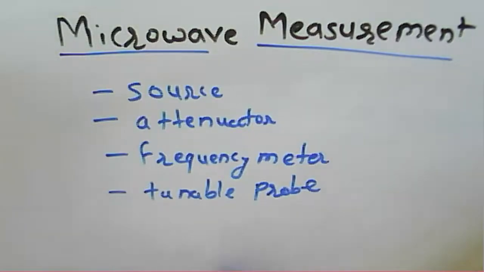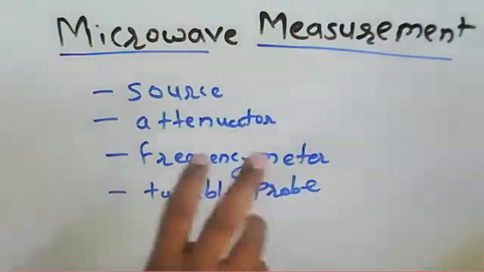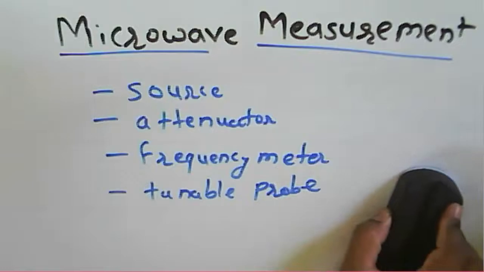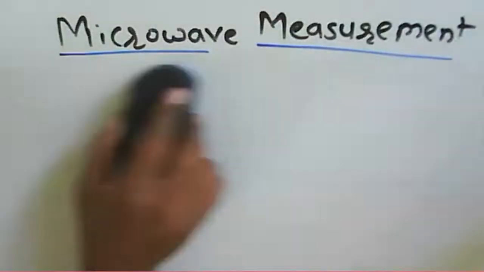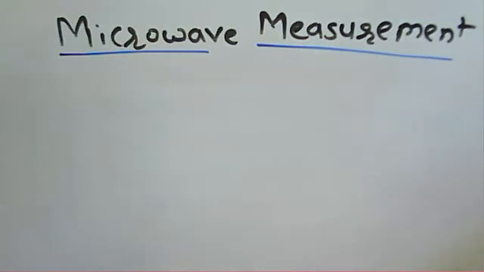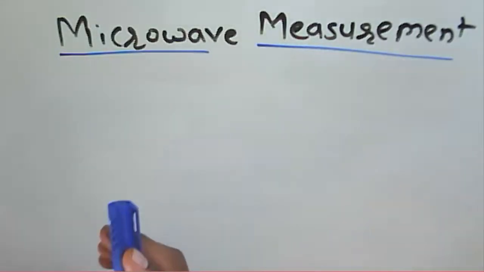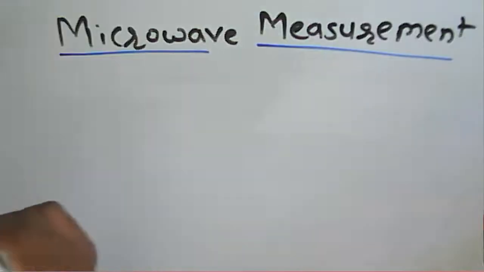Generally in a lab, the microwave bench uses a rectangular waveguide, meaning all the other components consist of a rectangular waveguide, and all the other components are connected to each other to measure the microwave parameters. So now to understand the microwave bench, we should know what the various features of this microwave bench are.